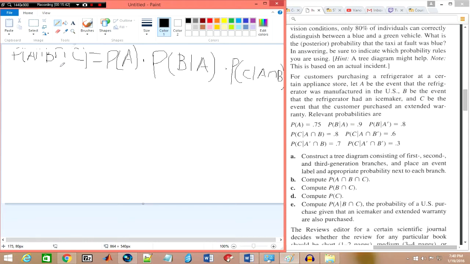So let's see. So this is the probability of B given A times the probability of A. So that's going to be the probability of... Wait a minute, let me look at my notes.